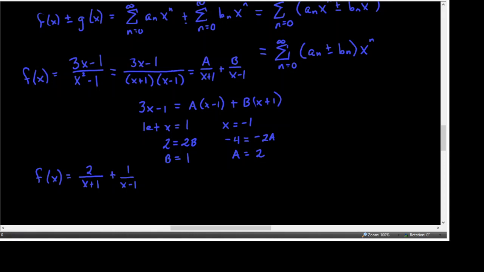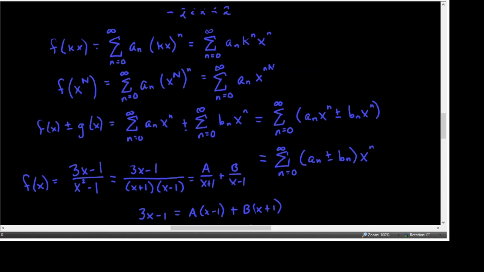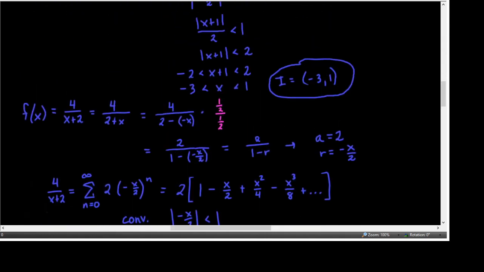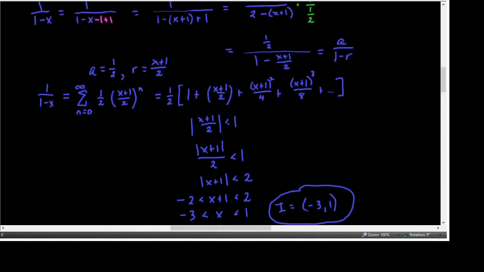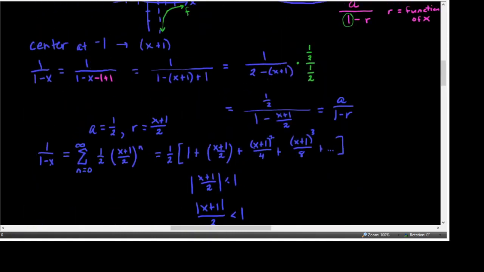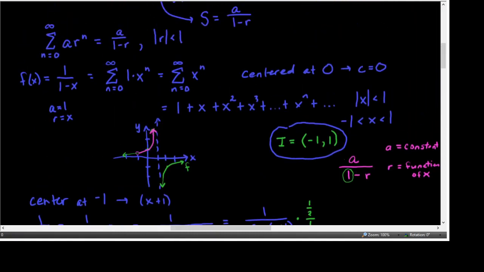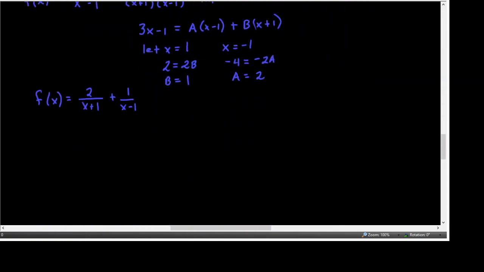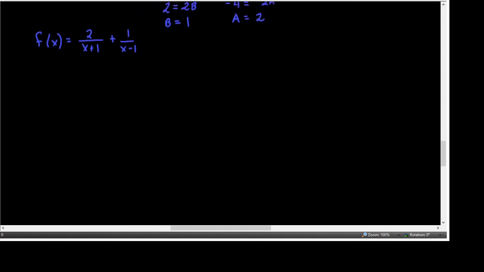So, let's see if we've done anything prior to this that will help us with this one. 1 over 1 minus x. Yeah. That looks kind of familiar. Well, I'm going to go ahead and do these from scratch, even though there's something up there that we could have used. I'm just going to do them separately.